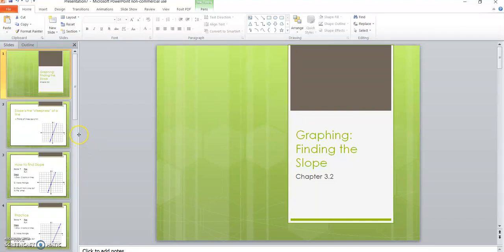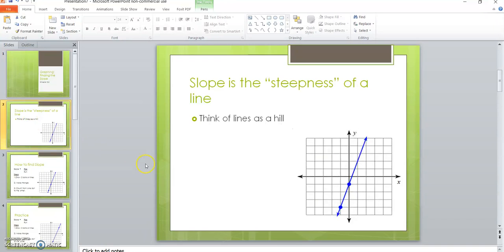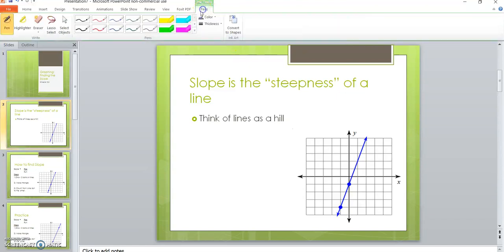Alright, now that we know how to plot some points, we are going to step on to graphing. And a bit before we do that, we're going to learn about finding the slope. So I'm sure you've heard the word slope before. And when we're talking about graphing, I want you to think about the steepness of a line.